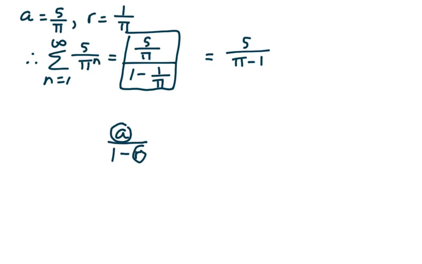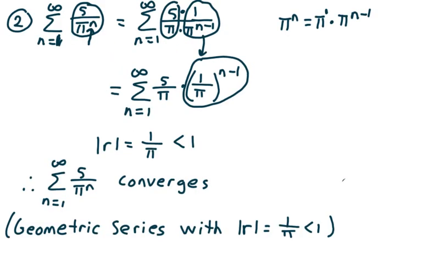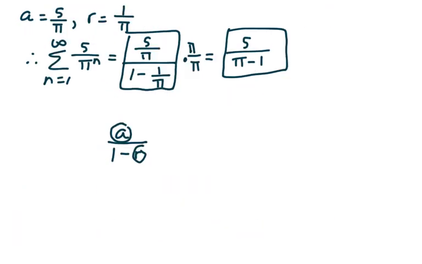And so if I multiply the numerator and denominator by pi, I end up with 5 divided by pi minus 1. So this sum goes to 5 over pi minus 1.